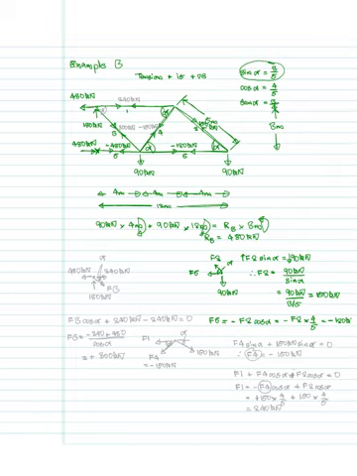So let's have a look at the intersection of members 1, 2 and 4. Of course there are faster ways of doing this, but we know that that value there is going to be 150 kilonewtons.